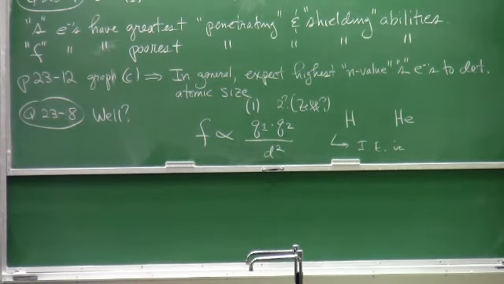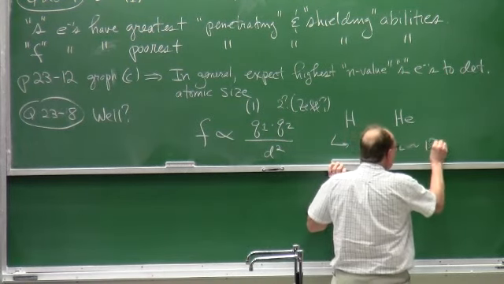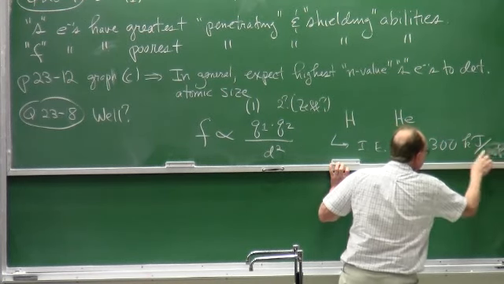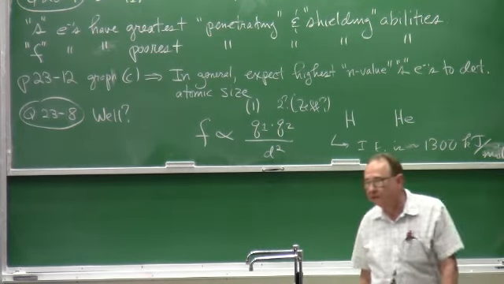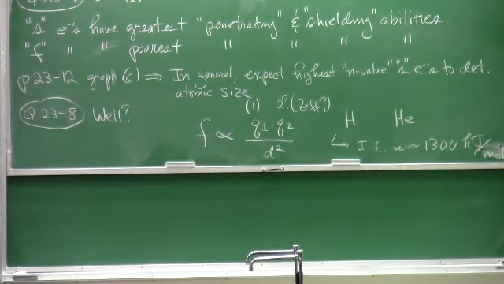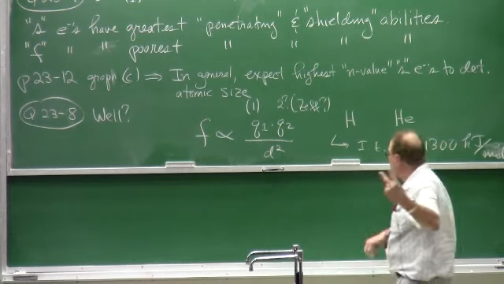I want to write this down since we're talking about this. 1311. Let's just say about 1300. Of course, this is the ionization energy to ionize a mole of hydrogen atoms. If we divide this by Avogadro's number, you'll get the ionization energy for a single hydrogen atom. Okay? IE1 for helium, because helium has two ionization energies.